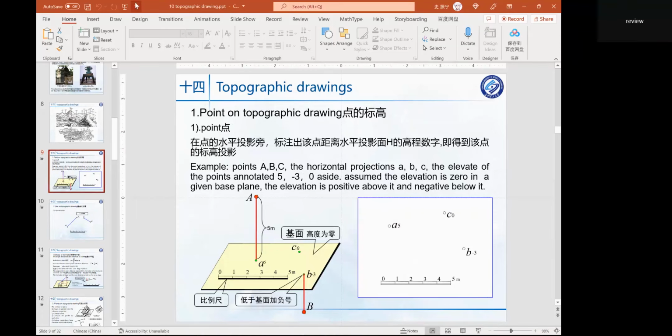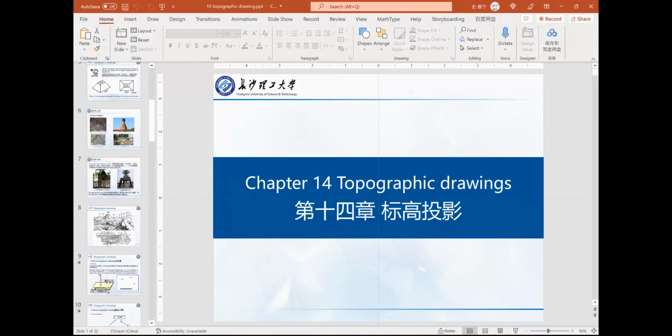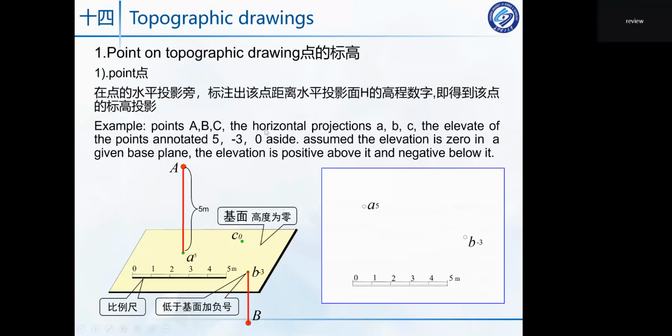So at first, from this page. I know that some of you have learned very well, and as for others, I think it is not.